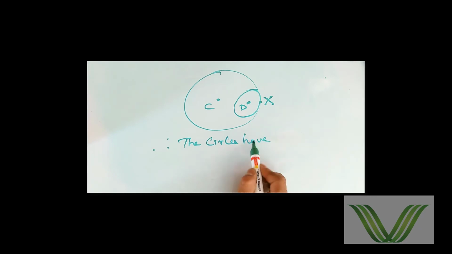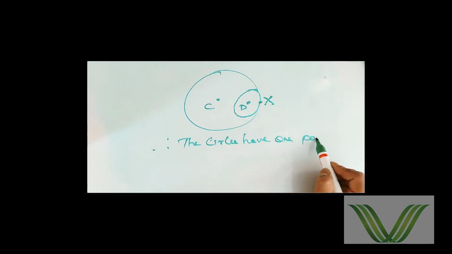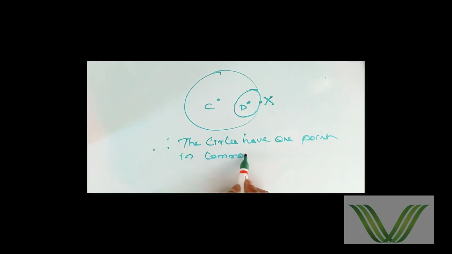Therefore, these circles have one point in common. Whenever two circles touch, whenever two circles are brought together, there will be a single point in common. Should keep in mind.